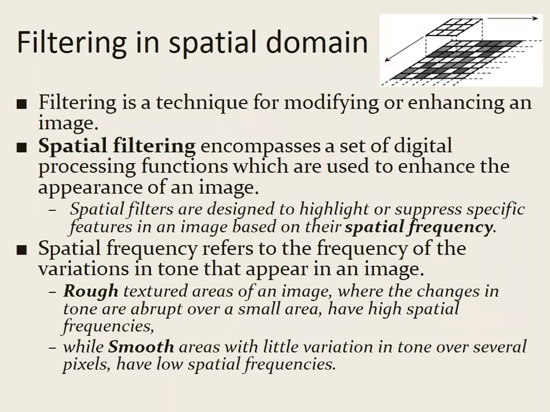But mostly, we are using the spatial domain. If the spatial domain doesn't work, we go for the frequency domain for applying the different transformations to reduce the effect of noise.